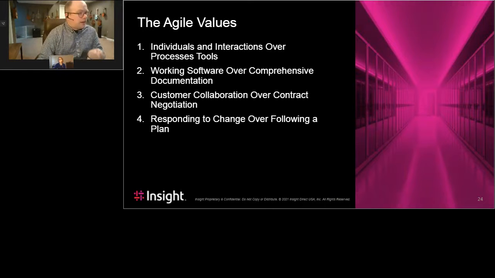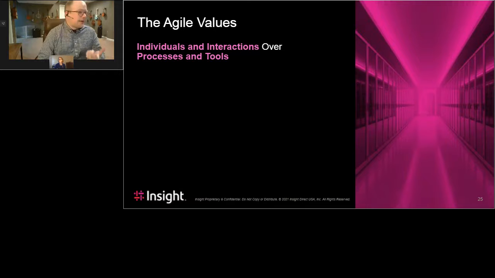But the one that we often lose when we're talking about DevOps is the very first one, right? Individuals and interactions over processes and tools. Like I've said before, a lot of times we like to think about specific technologies. We like to think about specific ideas, and a lot less around the people and the conversations that we have with those people.